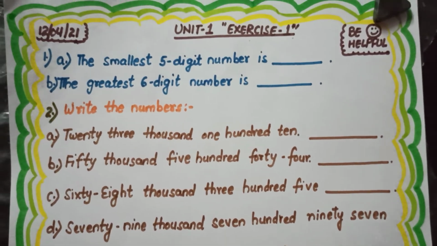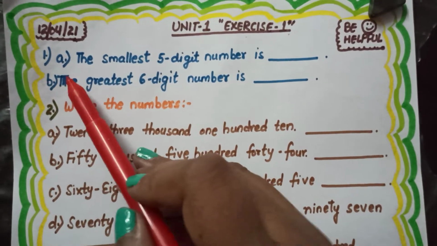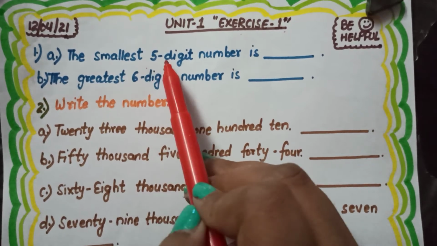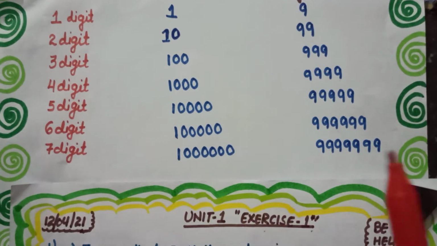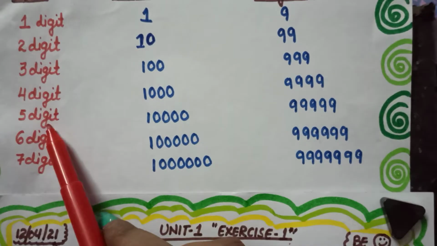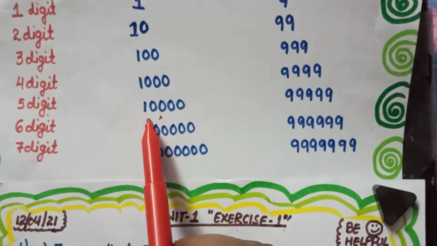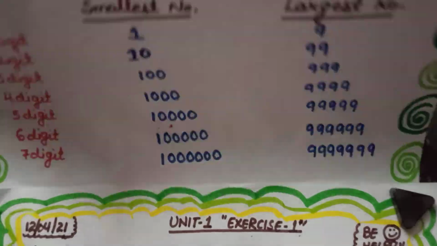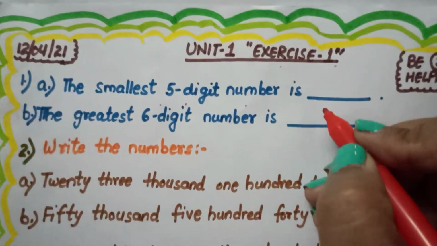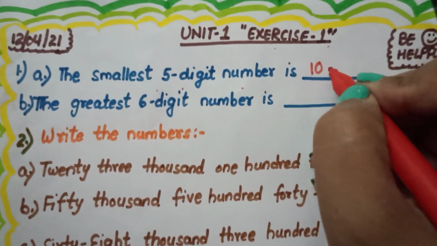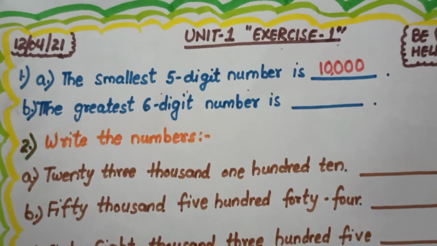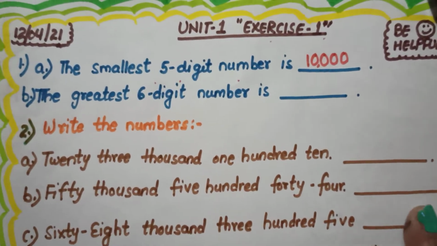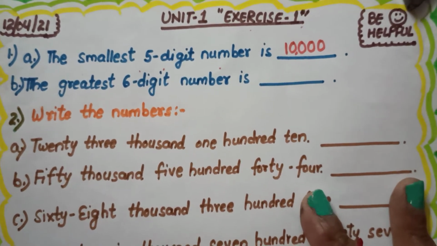There you can see the questions. Question number 1 says the smallest 5-digit number. Which is the smallest 5-digit number? This is 10,000, right? So let us write it down over here: 1, 0, 0, 0 and 0. This is the smallest 5-digit number.